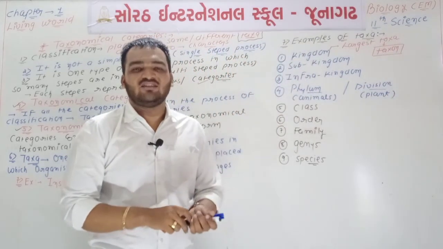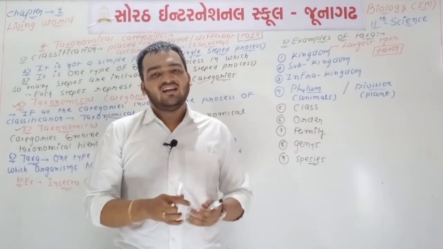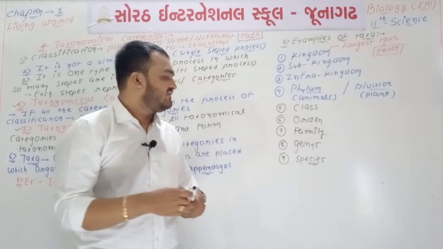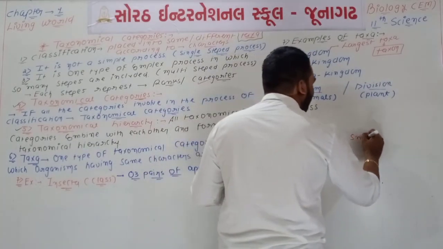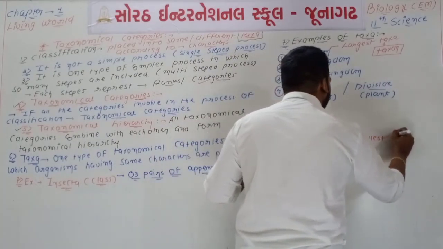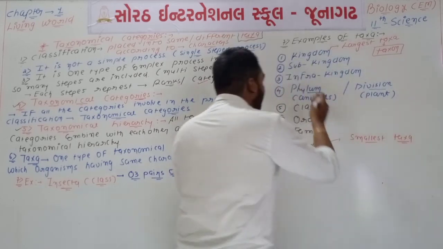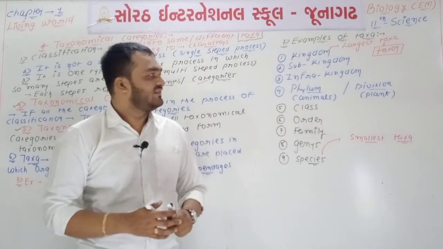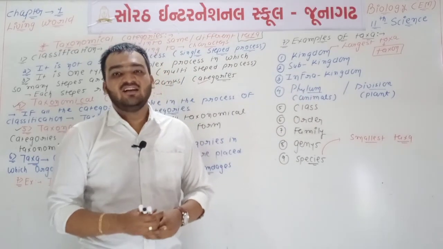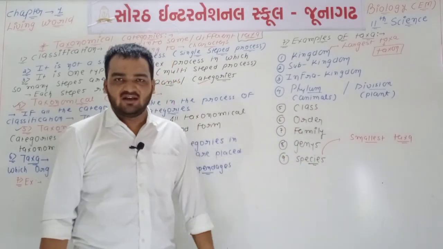While species is the lowest, or we can say the smallest taxa. So these are all examples of different types of taxa. Kingdom is the largest taxa, while species is the smallest taxa.